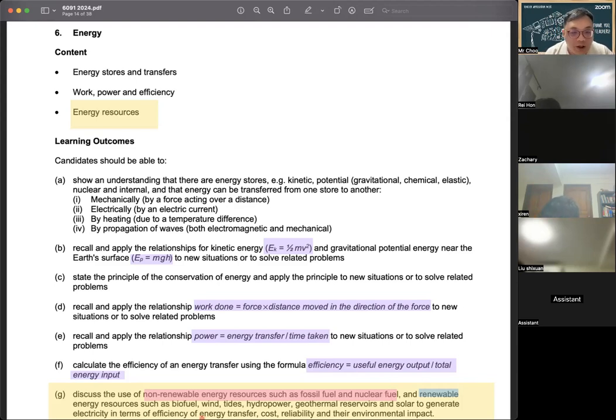So what is biofuel? Biofuels are things like ethanol, biodiesel, and biogas that are derived from biomass. So what is biomass? Biomass could be animal waste or even plants like corn. You take all this animal waste or plants and then produce fuel. What is the advantage of this?